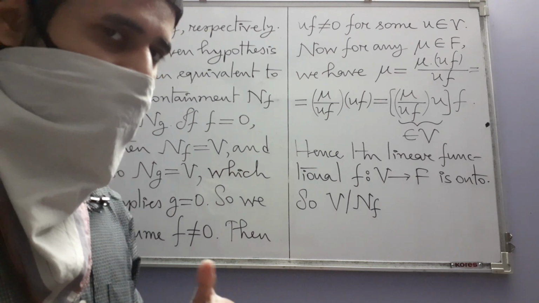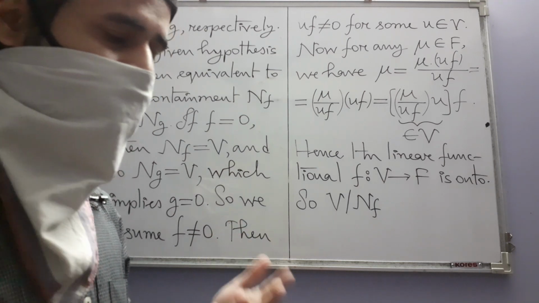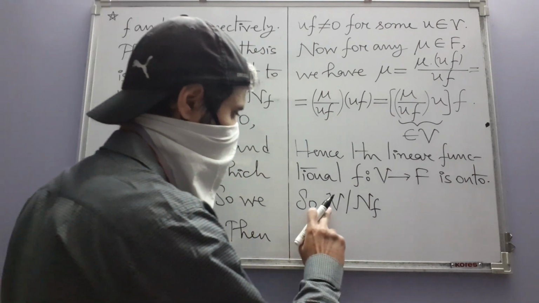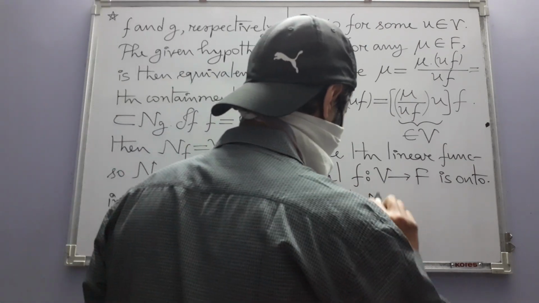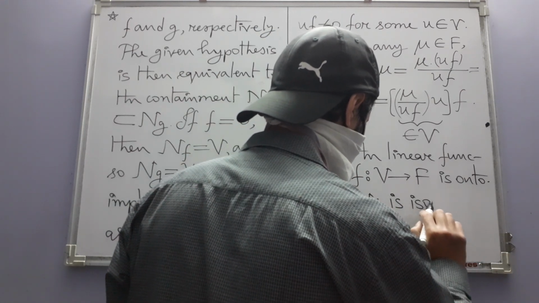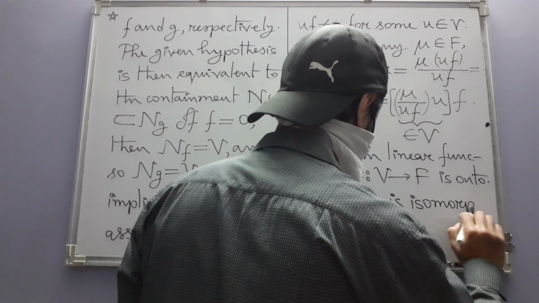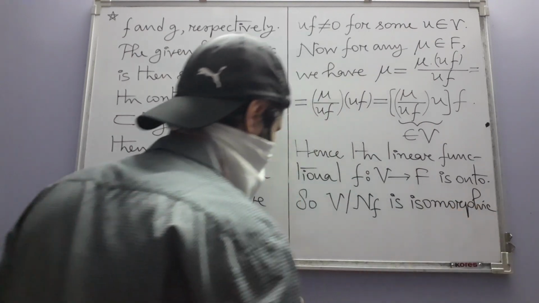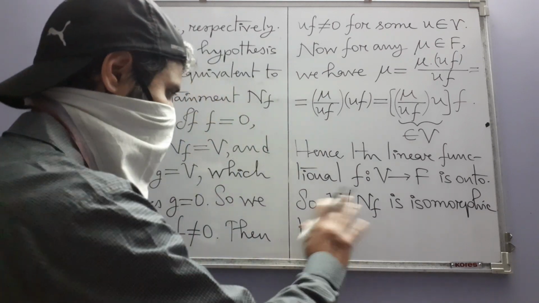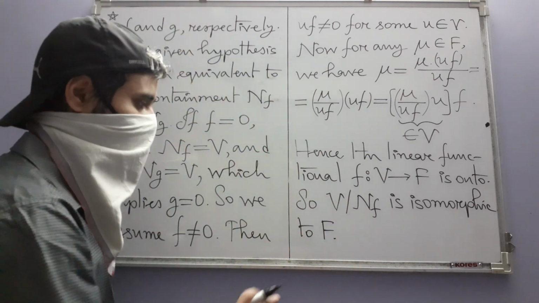It's the same for groups, rings, fields, vector spaces. That theorem remains the same. So this quotient is isomorphic to F. As vector spaces, they are isomorphic.